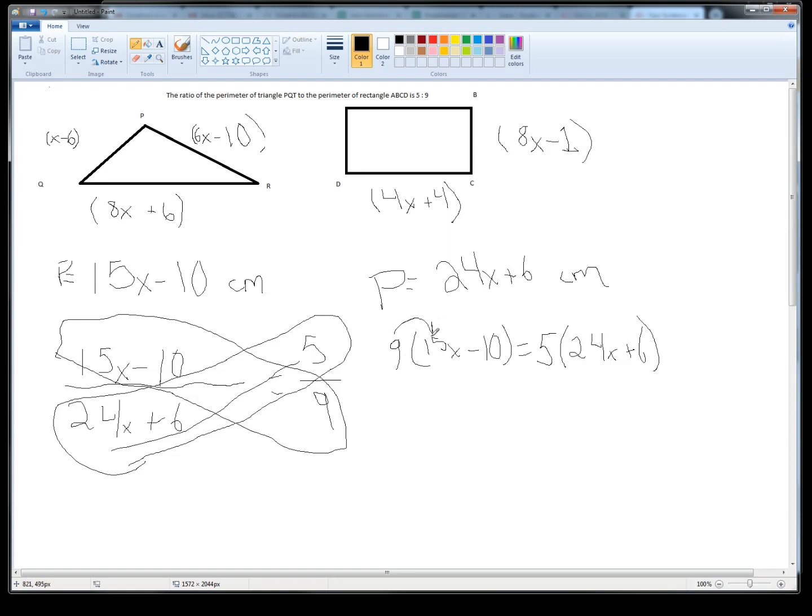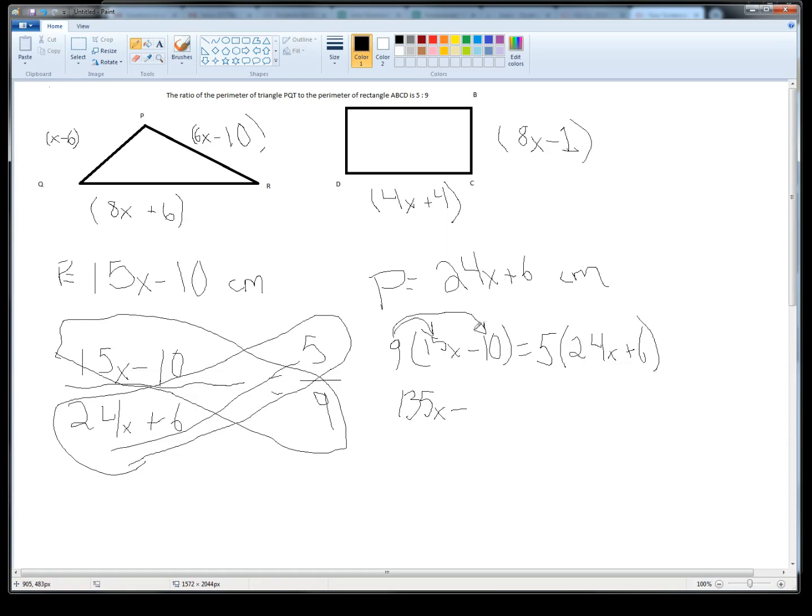That's right, we're going to distribute. 9 times 15x is 135x. Bring down that subtraction symbol.